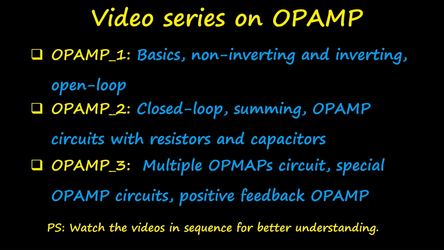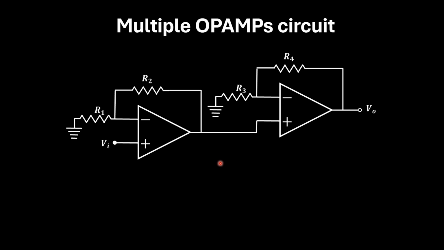Let's start. Now we will discuss circuits consisting of multiple OPAMPs. Whenever a circuit consists of multiple OPAMPs, the best strategy is to look at the OPAMPs individually. Let's say this OPAMP, I'll call it OPAMP 1. For this OPAMP 1, input is given at the non-inverting terminal.